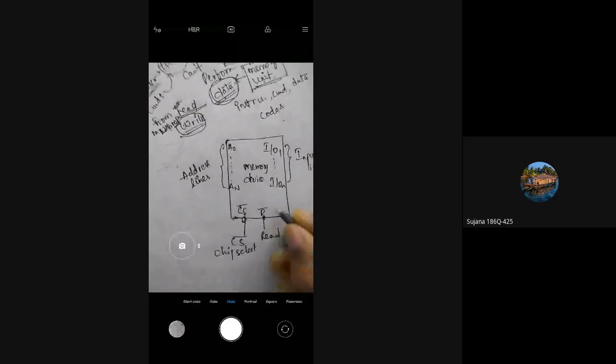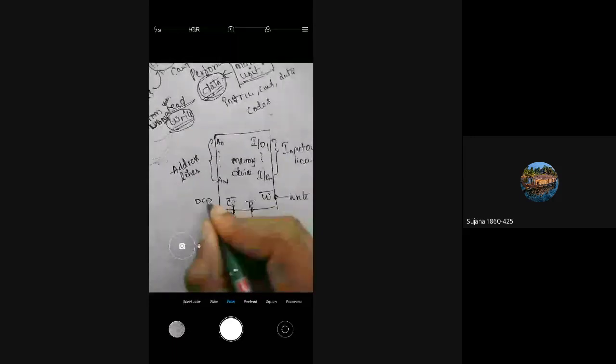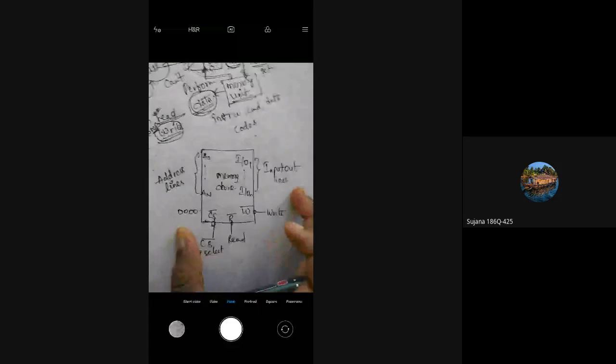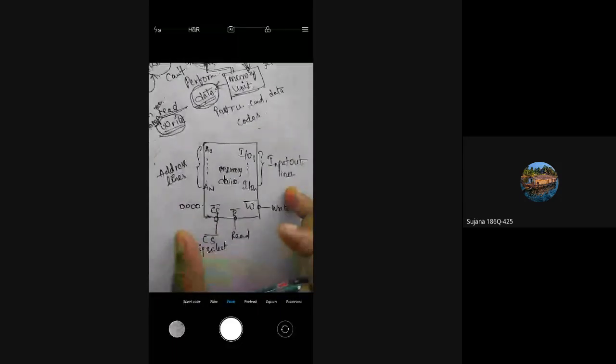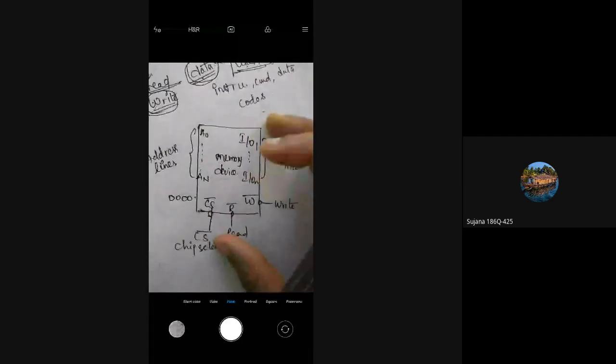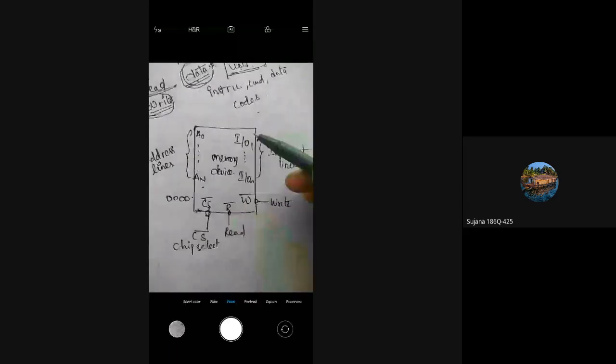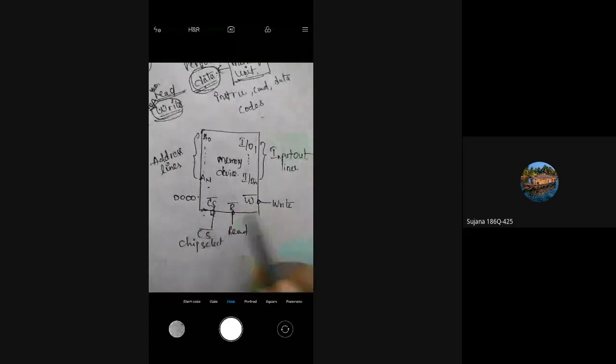Next you have write bar. Next you have some memory locations. This is how a memory device looks like. These are the things present in memory devices. All memory devices have address lines, input lines, chip select, read, write, and some memory locations.